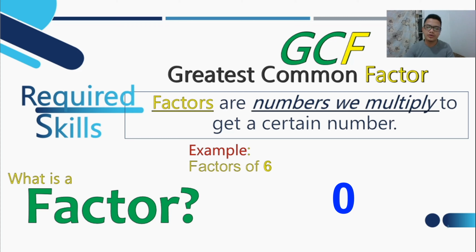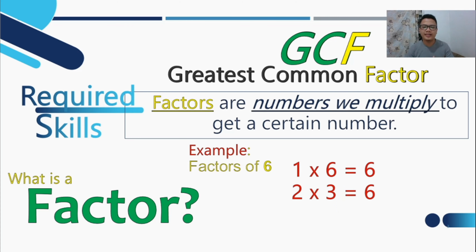Okay, so let me show you examples. We have here 1 times 6 equals 6 and 2 times 3 equals 6. Both of them are correct because you arrive at a product of 6. So what are the factors of 6?